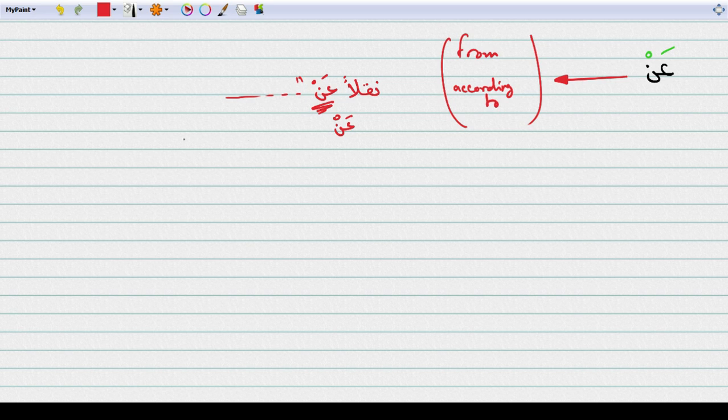Another thing is like when you take something off something. So عن can also mean off. So you took, for example, an object off the table. You'd say عن الطاولة. It could also mean if you take something away. This is actually the general one.